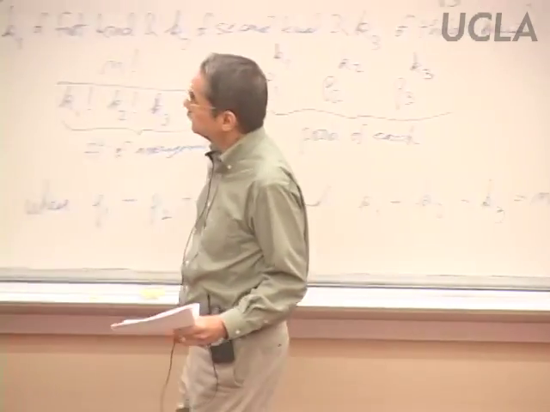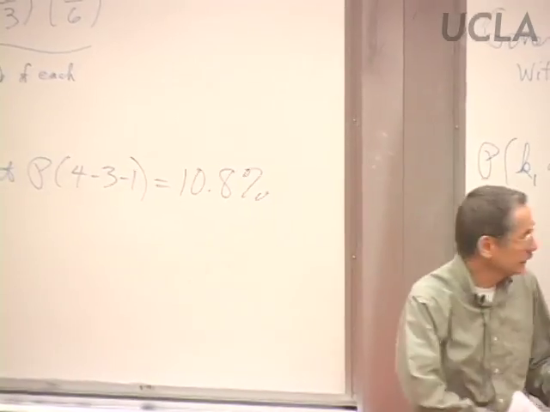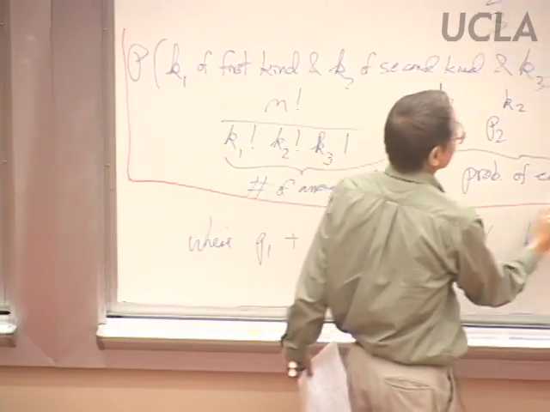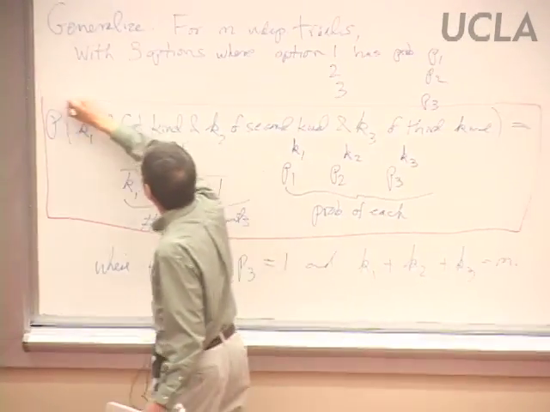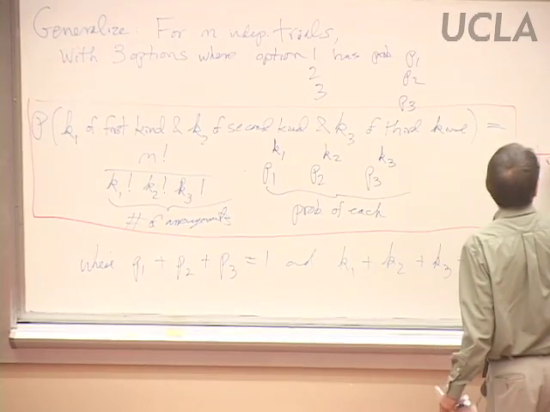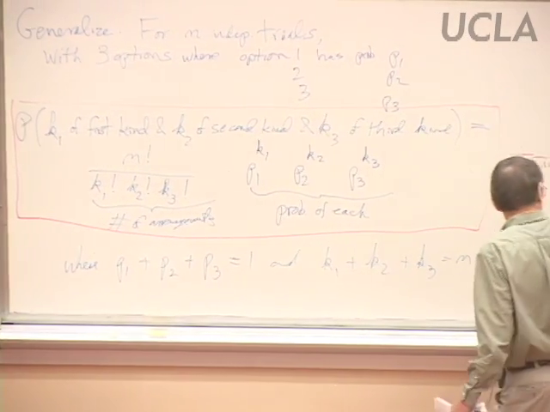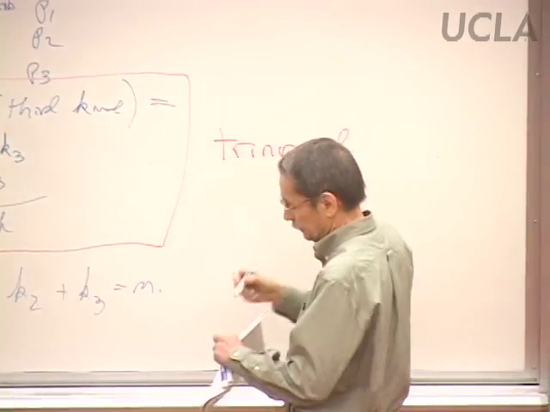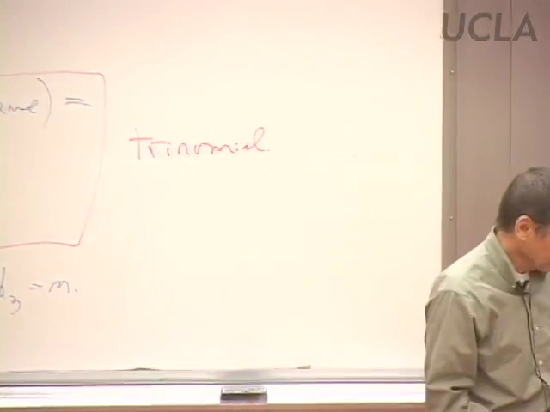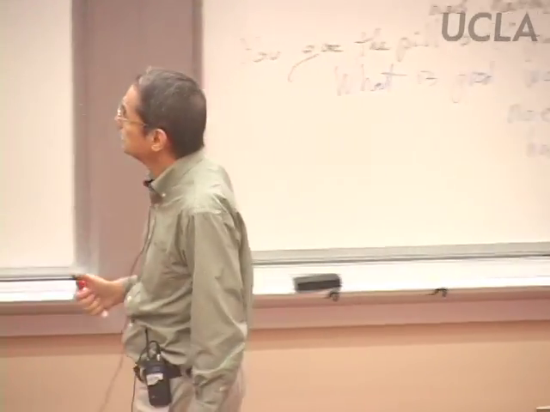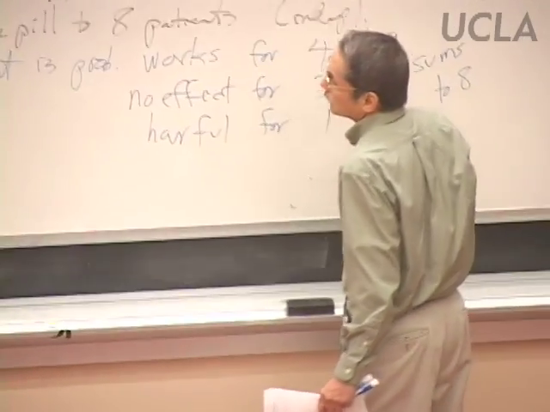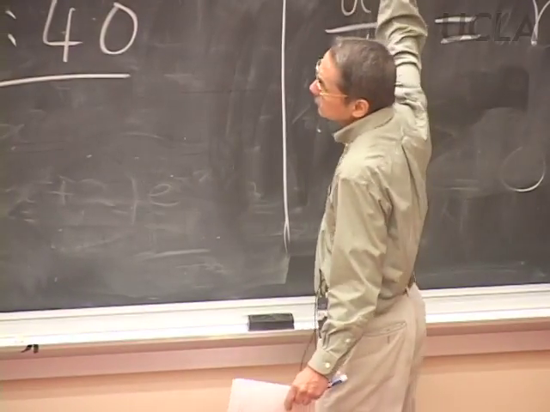Well, it's what we did here. We wanted a more general statement. And this is called the trinomial distribution. And what if we want to go one step further? Maybe instead of 3 options, there's some other number. Well, so we'll call that multinomial.